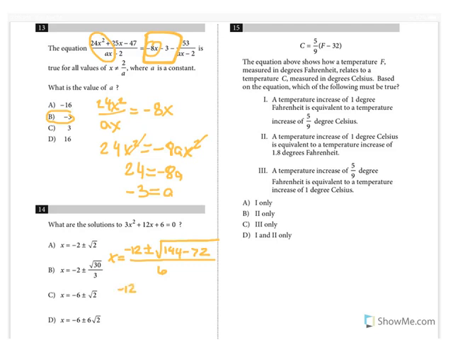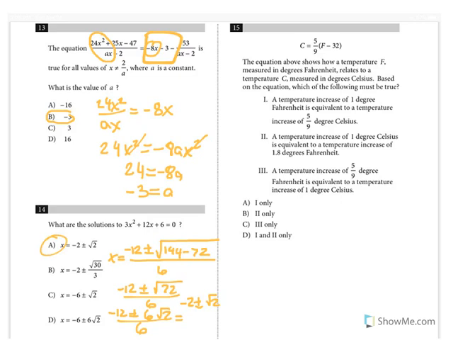So that's negative 12 plus or minus the square root of 72, divided by 6. You need to know how to simplify your radicals. That's going to be 6 square root of 2, all of that over 6, which comes out to negative 2 plus or minus the square root of 2. Answer choice A.